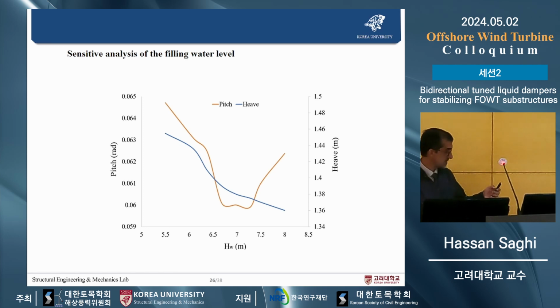The horizontal axis is HW, the water height inside the tank, and the vertical axis is the pitch and heave. Finally, we found that 6.7 is the optimum water depth.